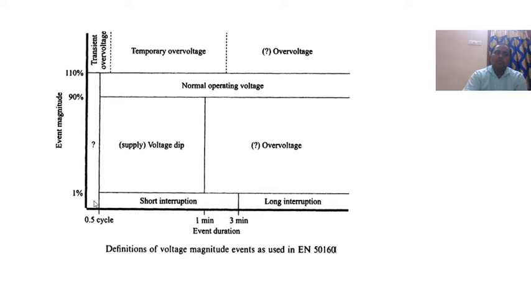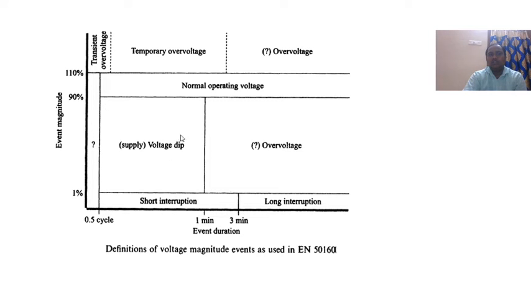Before 0.5 cycles of time, we neglect the sags, swells and interruptions. Below 1 minute duration, with voltage at 1%, we will call it a short interruption. Above 3 minutes, we will call it a long interruption.